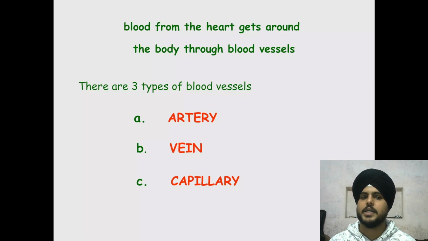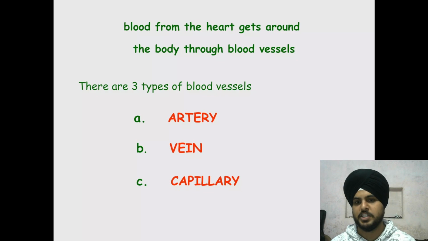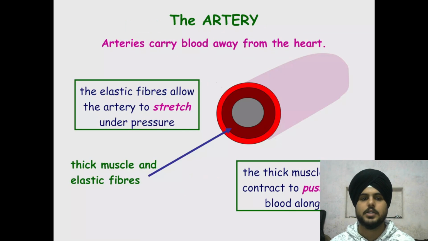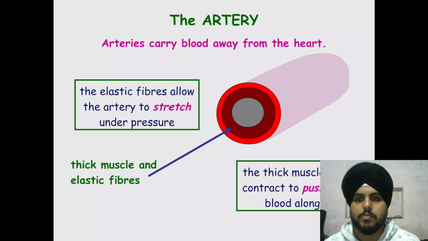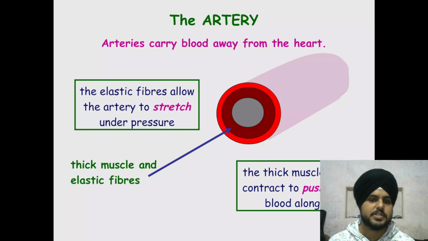Blood from the heart gets around the body through blood vessels. A vessel is a medium in which blood travels. There are three types of vessels: arteries, veins and capillaries. Firstly, let's learn about arteries. Arteries carry blood away from the heart. The elastic fibers allow the arteries to stretch under pressure.